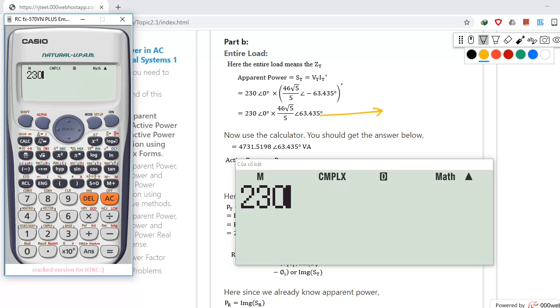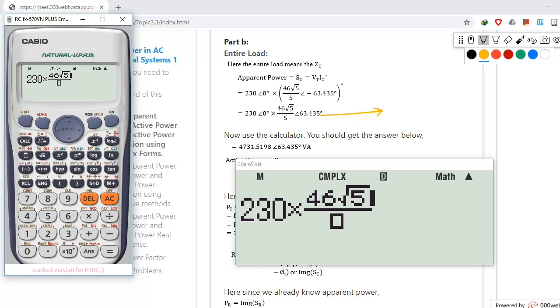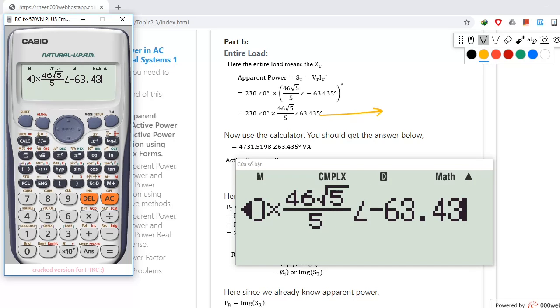You can enter the 0 value there for the angle, but it's really not necessary. I can just input the real number alone and then multiply it by our current value, 46.5 divided by 5. The angle is negative 63.435.